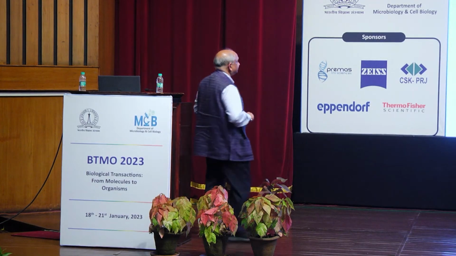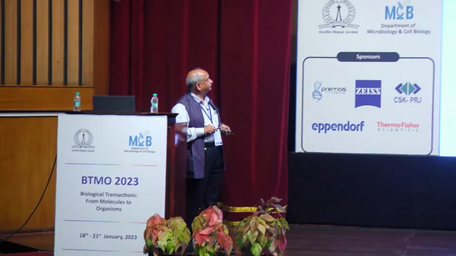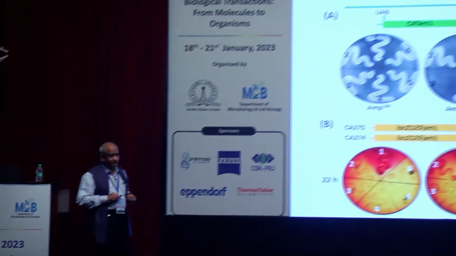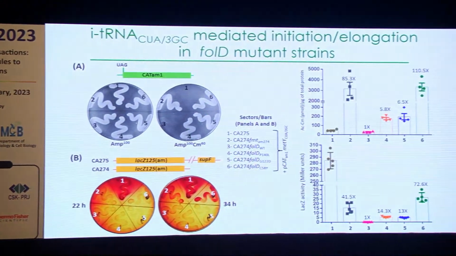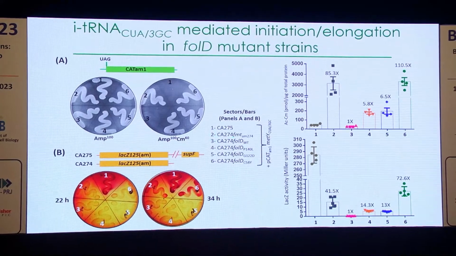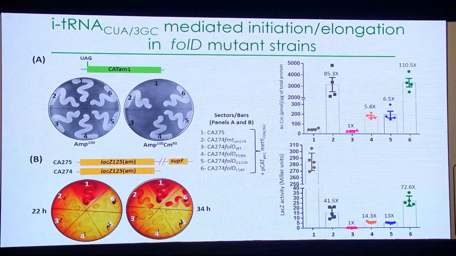And what you will see here is, if you use this reporter system, where we're looking at the initiation from UAG codon, all of these suppressor strains, of course, initiate. And this is our control now, where the mutation is in the FMT gene, and that also initiates.